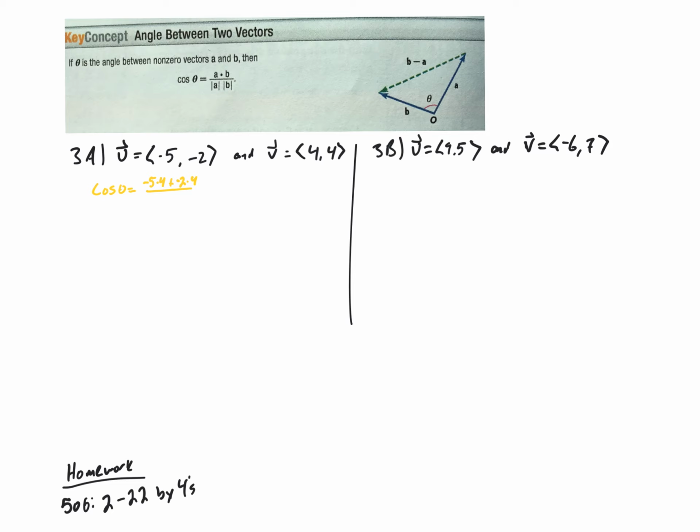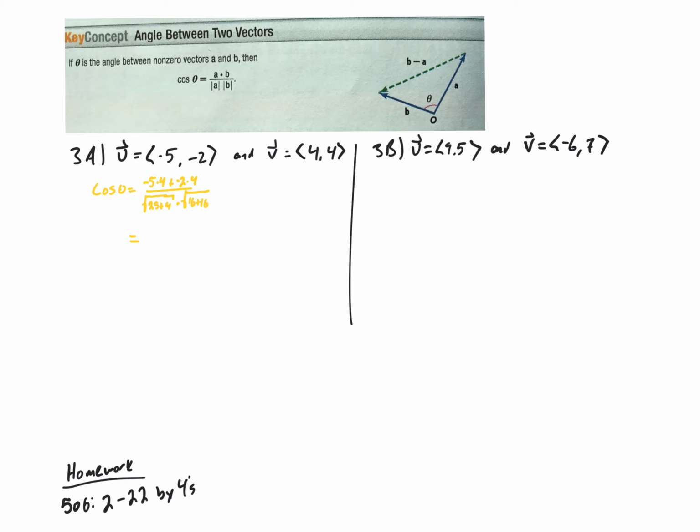And on the denominator, we need to find the magnitude of a times the magnitude of b, which is the square root of negative 5 times negative 5, so 25, plus 4, times the square root of 16 plus 16.